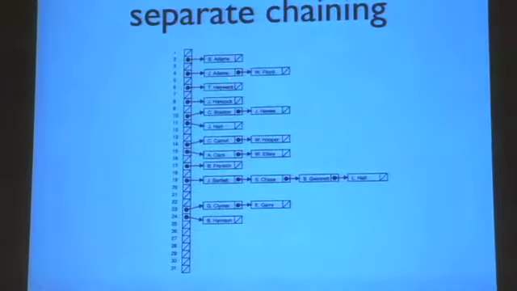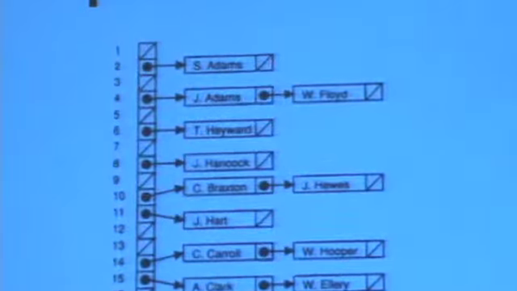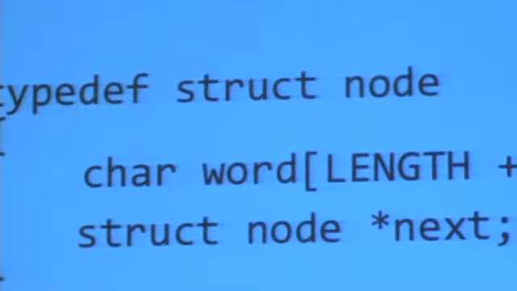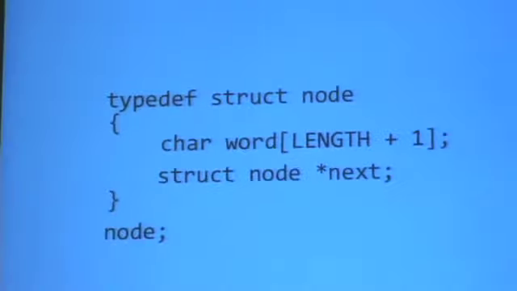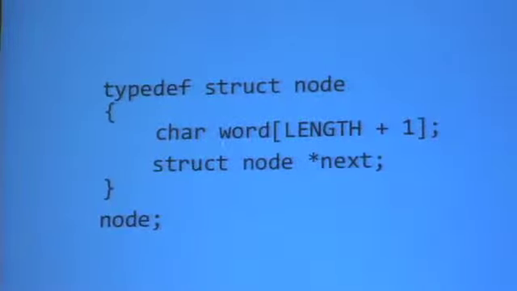It looks like, based on this picture, each node has a string, a person's name, and then this little square, which is meant to represent a pointer. So the translation of this might be a node struct in C like this. Every node in this data structure has a string, a word, someone's name. And let's suppose that length is a constant defined elsewhere. No one's name is going to be longer than like 50 characters or 1,000 characters.